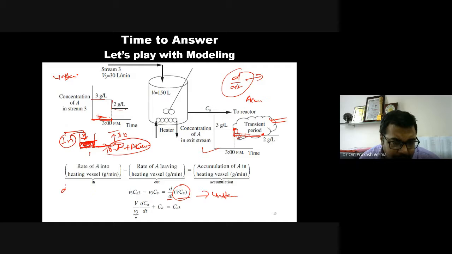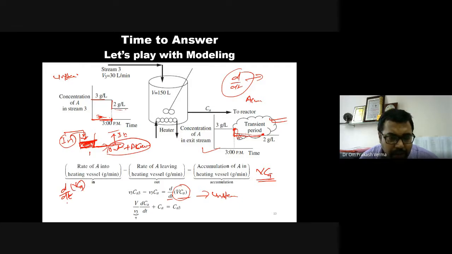Let's say d by dt of whatever the mass is, whatever the heat is there inside this tank. ठीक है, तो टाइम के साथ वो कितना वहां पर है, that is equal to, suppose that we are representing the concentration, whatever the concentration is changing with the time, वो concentration कितना accumulate कर रहा है with the time, तो उसको तो यही रिप्रेजेंट करेंगे ना, VC A. समझ में आया या नहीं आया?